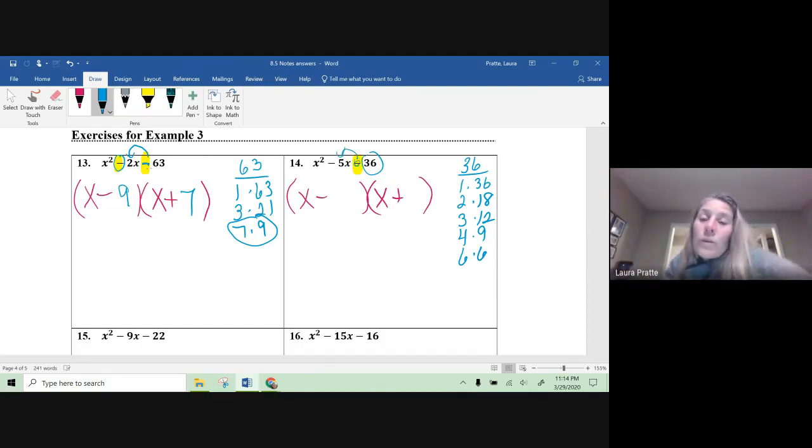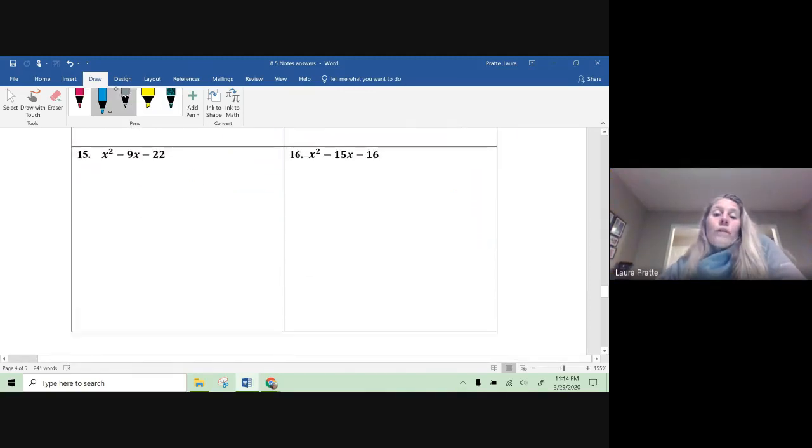So which of these pairs would subtract to give us 5? So if you look through the list, 36 minus 1, no. 18 minus 2, no. 12 minus 3, no. 9 minus 4, yep, that's 5. So we know the two numbers that are going to go in the parentheses are 9 and 4. But the bigger of those two numbers is going to have to get the minus sign. So the 9 goes with the minus, and then the 4 would go with the plus. All right, and 2 more of those.